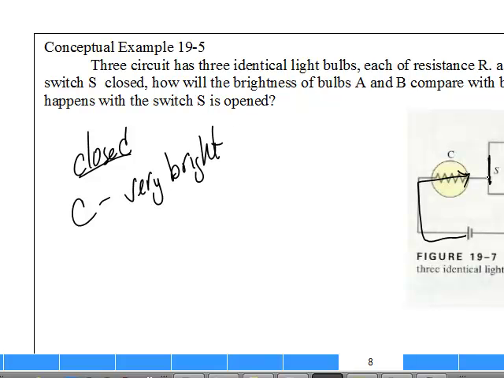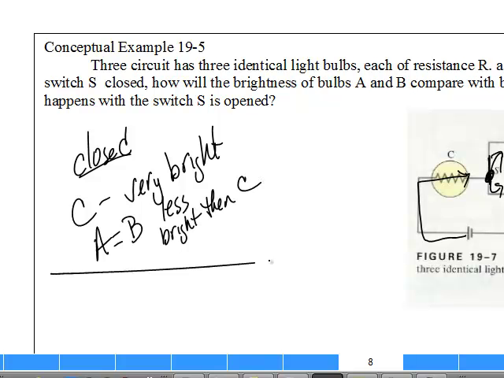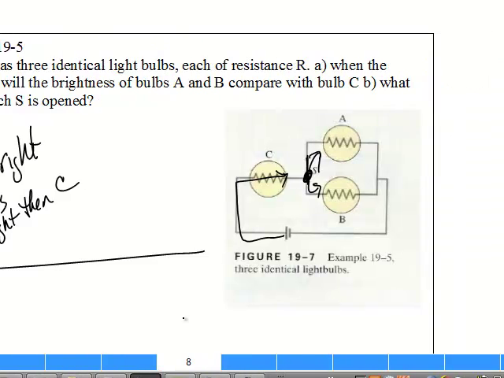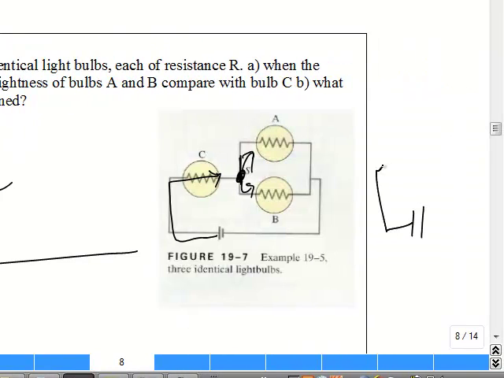Then what happens here at this junction point is that the current is going to be split. So A is going to equal B, but it's going to be less bright than bulb C. Okay. When the switch is open, what is going to happen to our circuit diagram?